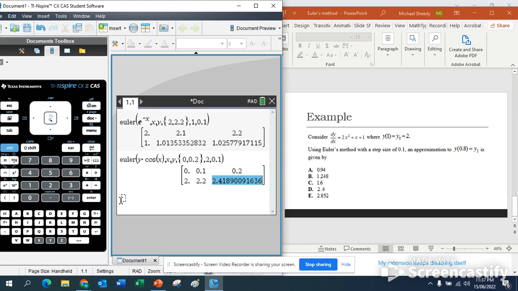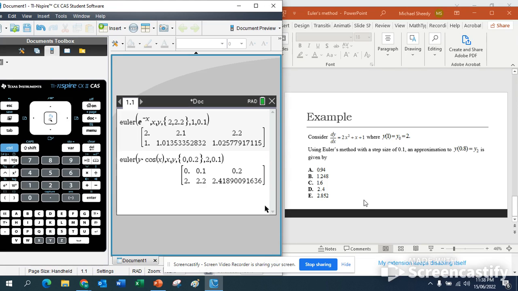And our last example here says, consider dy/dx equals 2x squared plus x plus 1, where y of 1 equals y naught equals 2. Use Euler's method with a step size of 0.1. An approximation to y of 0.8 equals y2 is given by one of these 5 options.